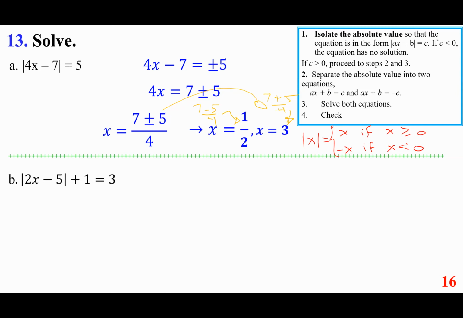Now, the next one, remember the first step is isolation. Therefore, we must move the positive 1. It becomes negative 1 and 3 becomes 2. Now that it's completely isolated, 2x minus 5 is plus minus 2. We move the negative 5.